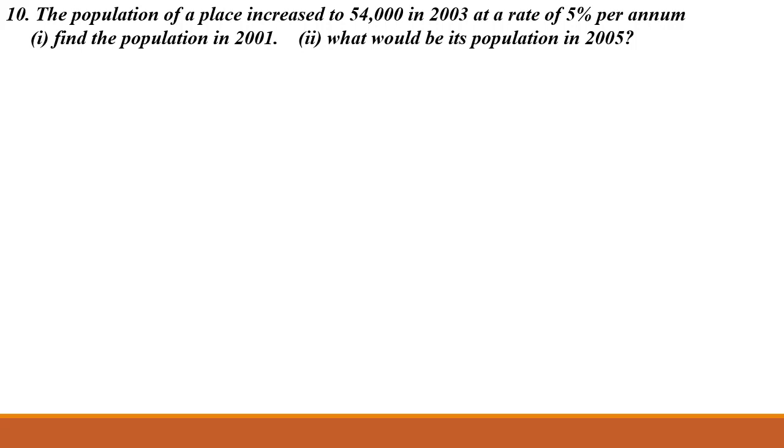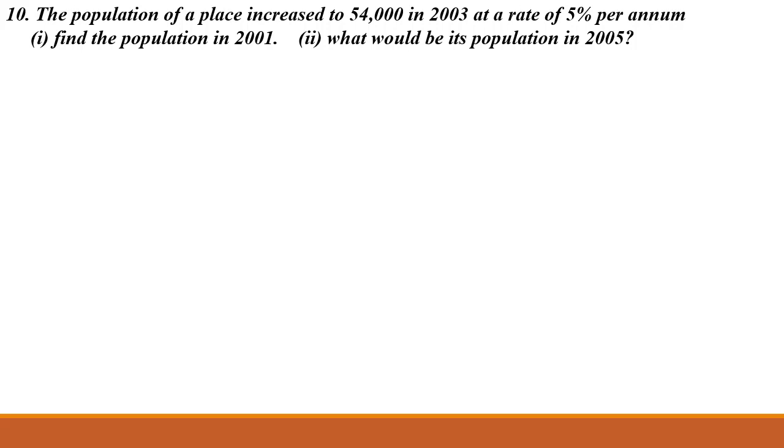Now for the first case, when we have to find out the population in 2001, there must be a population in 2001 which, when increased at the rate of 5% per annum, after 2 years becomes 54,000.